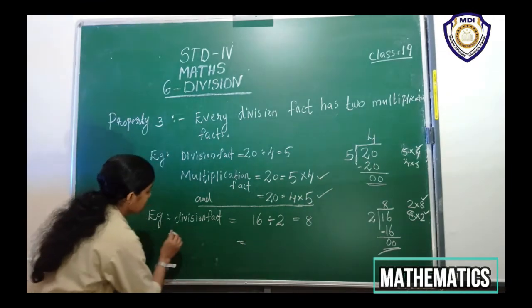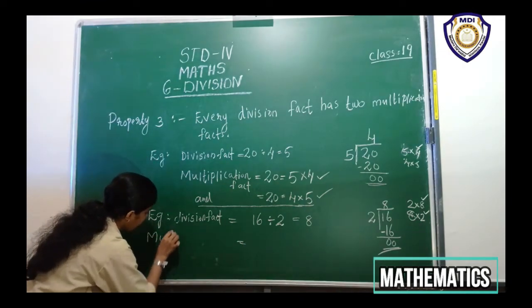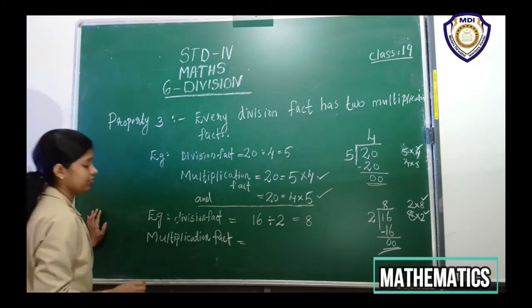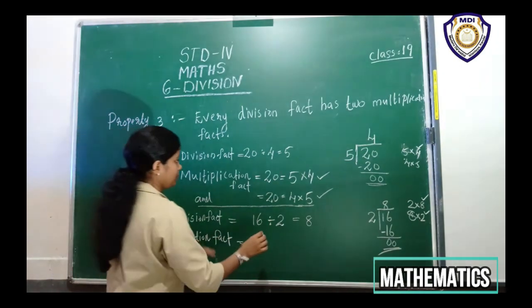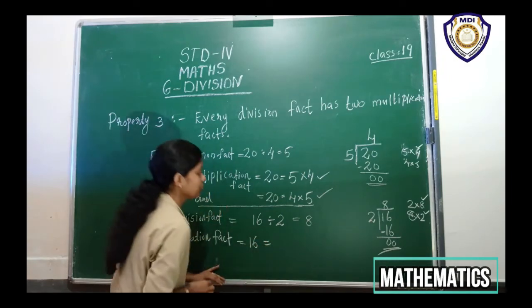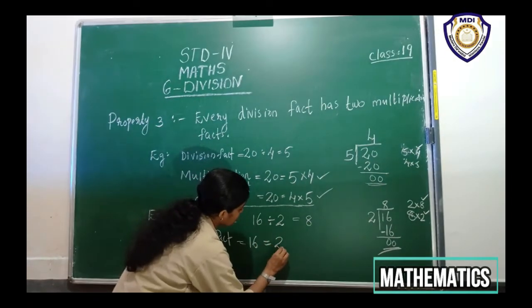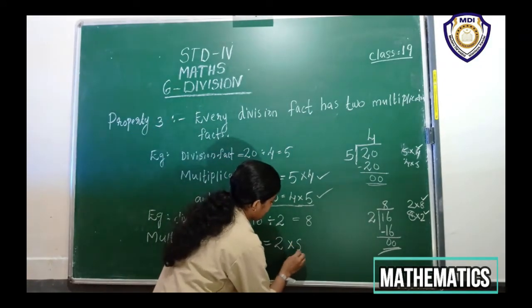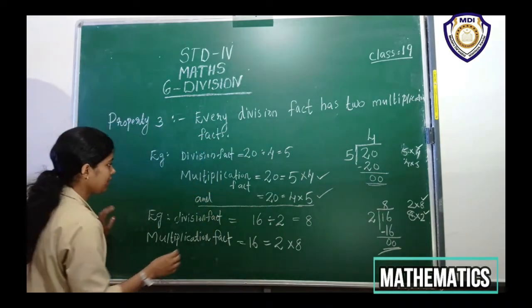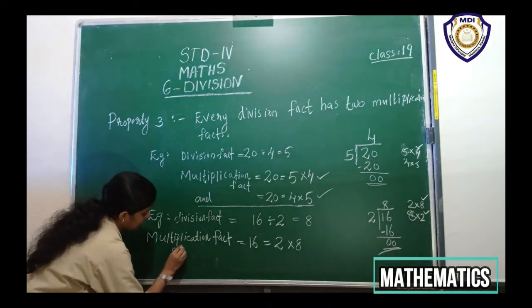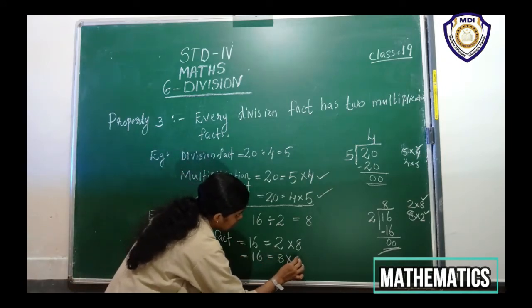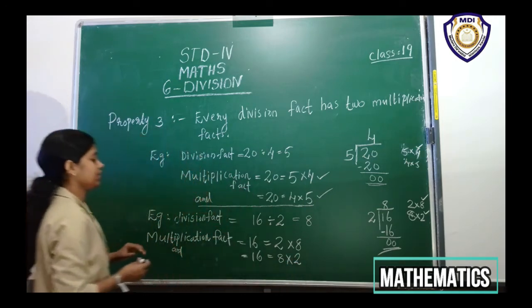Here multiplication fact: 16 equal to 2 into 8, and 16 equal to 8 into 2. Okay.